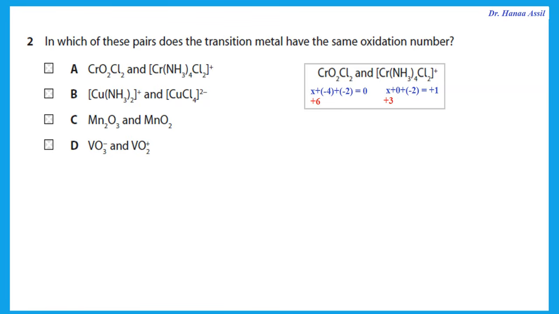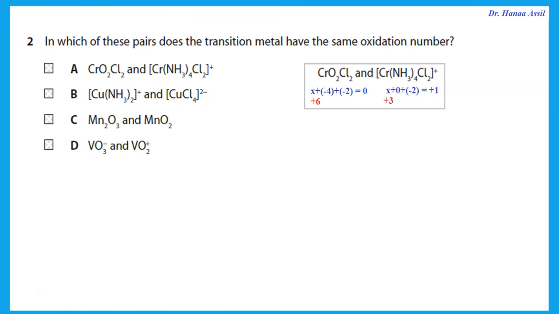Now, in the other species, there is an overall charge of +1. So that means the oxidation number of chromium plus ammonia, which is 0. Ammonia doesn't have any charge on it. I have two chlorides, each one is -1. So the overall has to be +1, and that means chromium is +3.